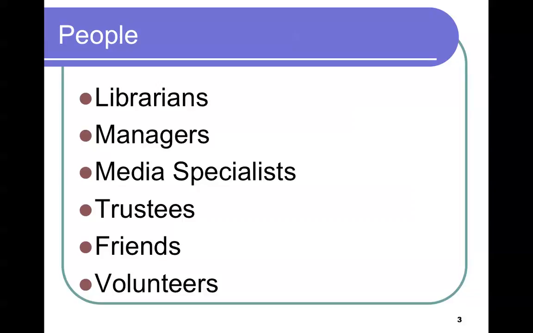Volunteers: there are many volunteers involved in the library, ranging from middle school and high school kids to internship trainees and adults, and a lot of stay-at-home moms who volunteer to gain some experience in order to change their career. So there are many volunteers in the library.